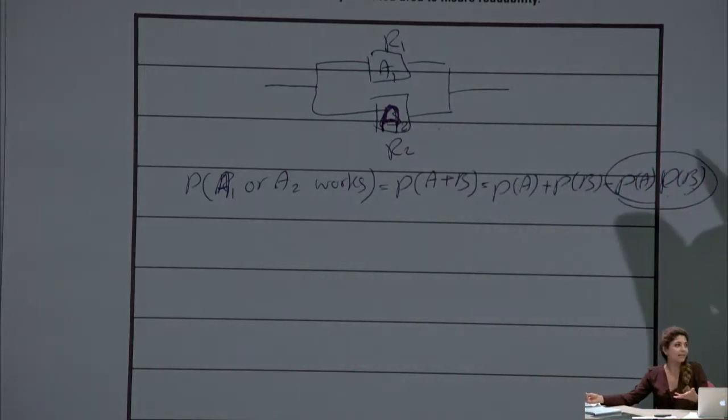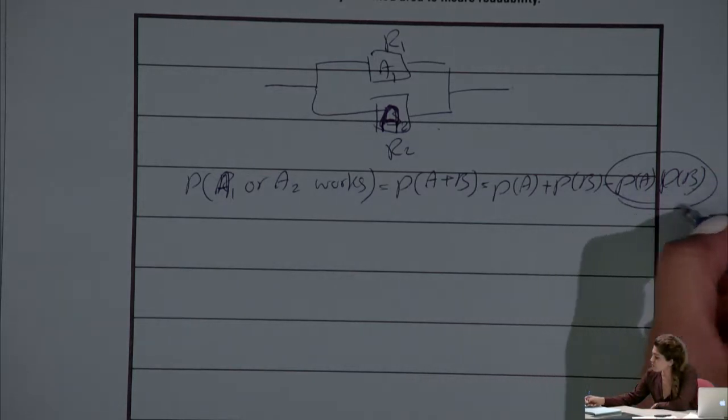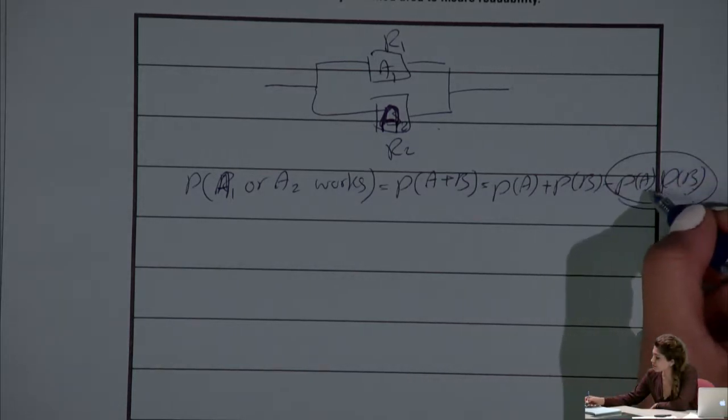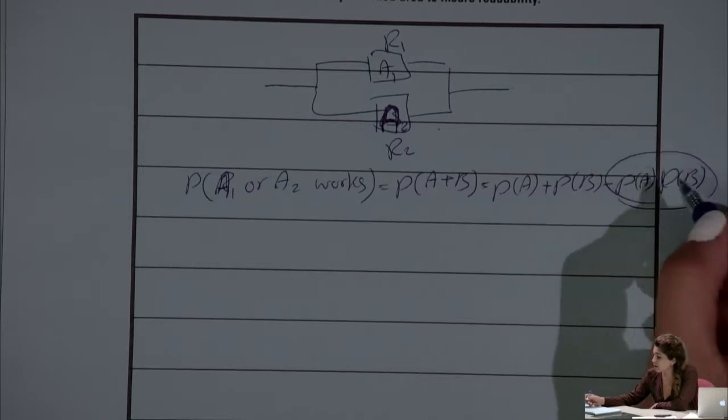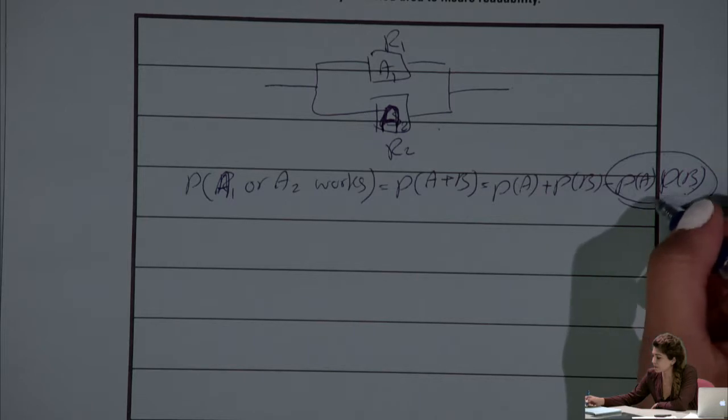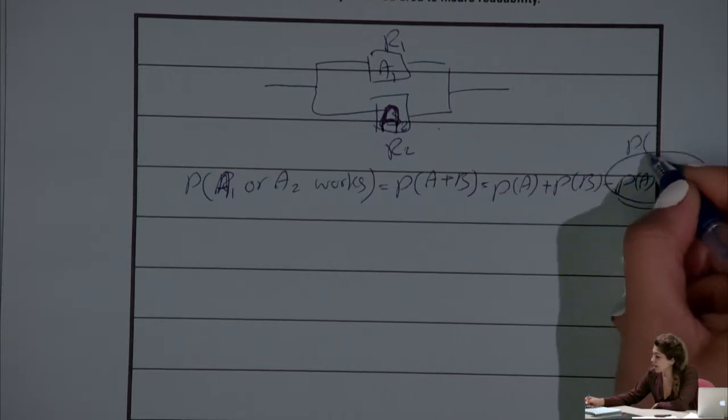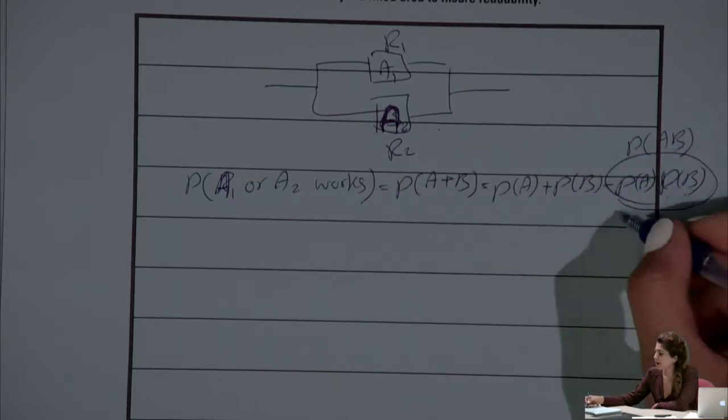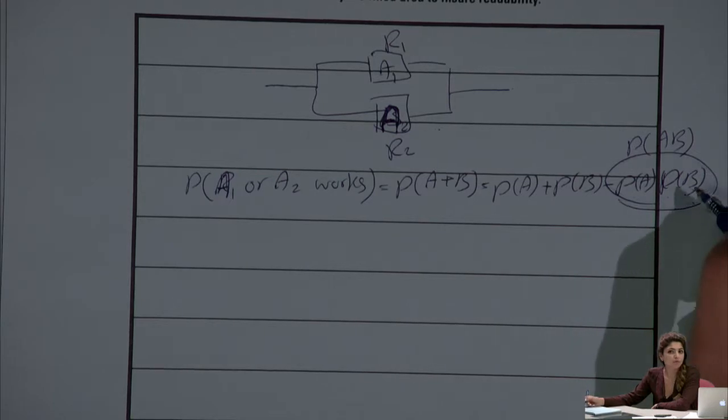Because if they were dependent, then it's no longer any redundant component, right? So in the context of reliability, we typically use the idea of independence of the components, and therefore, instead of writing P(A and B), we write P(A) multiplied by P(B). But the general formula says P(A and B), and this is when the independence condition is true.